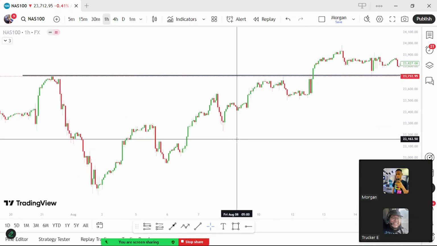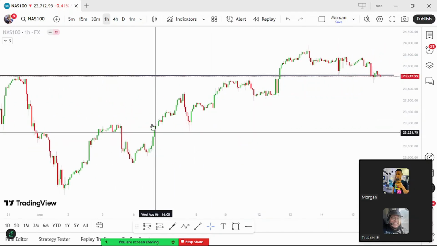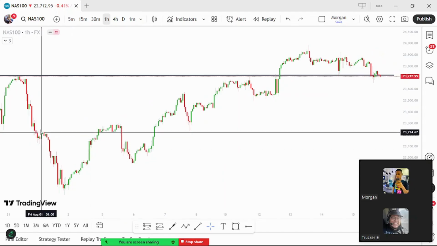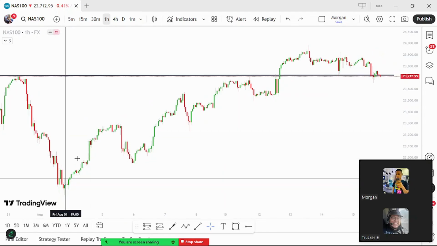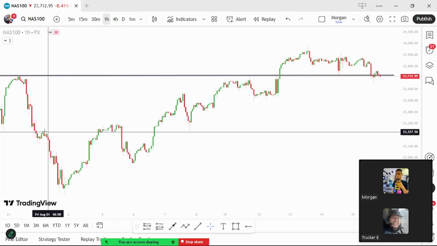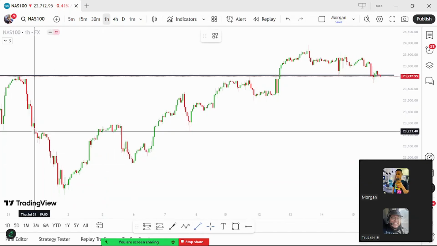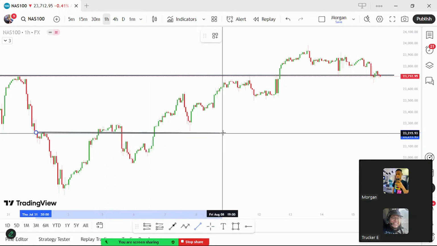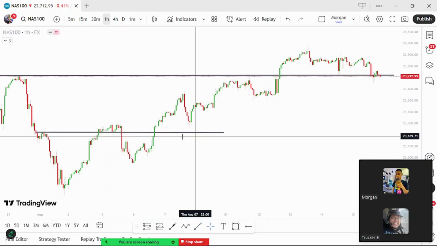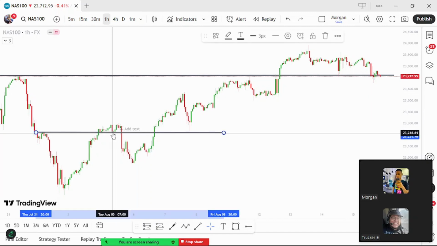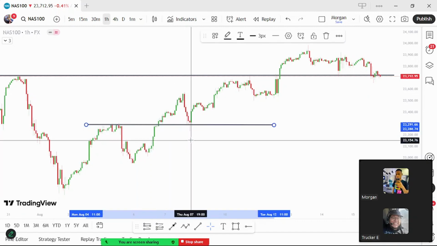Just coming to the 1 hour of what price is currently doing, back to where price made this low, broke this high, then price made a new high, calling this the indication. So I'll mark out that indication. Price comes above here, creates another high, makes this high level here a new indication.